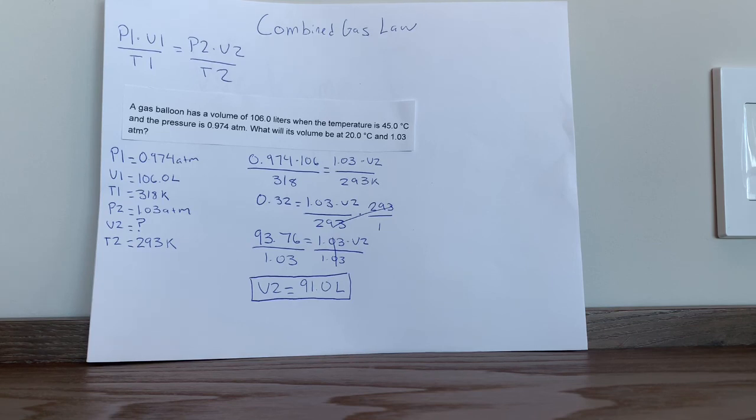Next, we multiply both sides by 293 to get 93.76 equal to 1.03 times V2. Next, we leave V2 by itself by dividing both sides by 1.03, getting us 93.76 divided by 1.03, and there we will get 91. So our final answer will be V2 is equal to 91.0 liters.